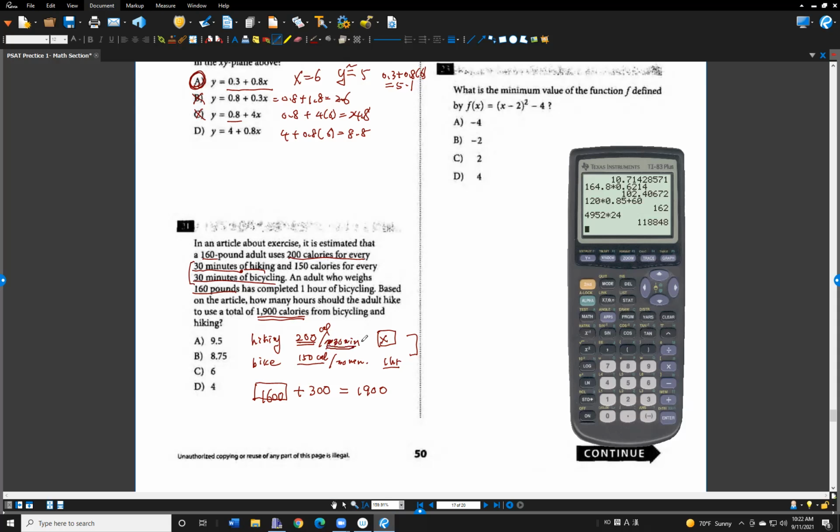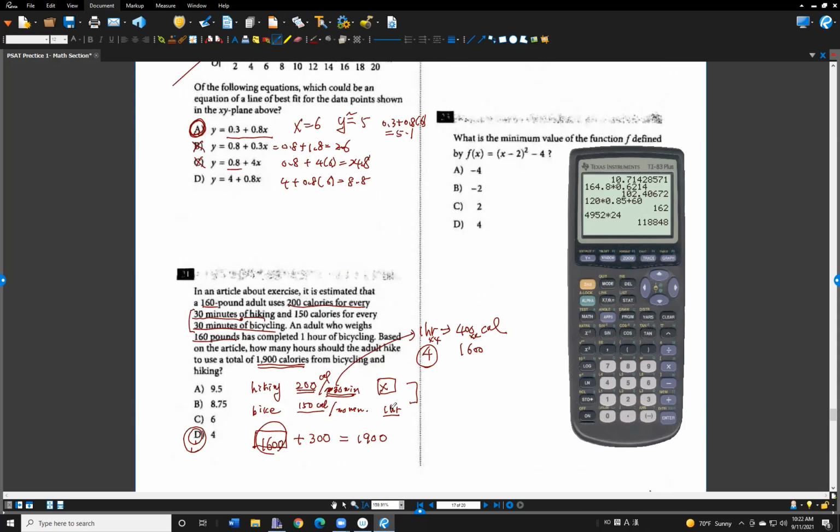Maybe you can change this to 1 hour, 400 calories. It's okay, you can use this data. So to get the 1600, how many hours? 4 hours, times 4, right? 4 hours. Is it okay? That is number 24.